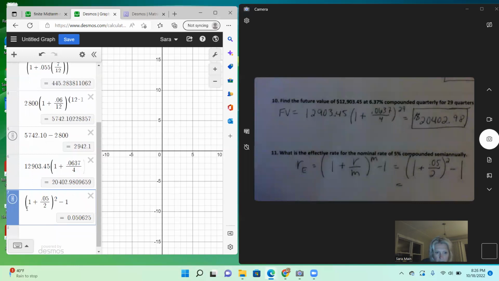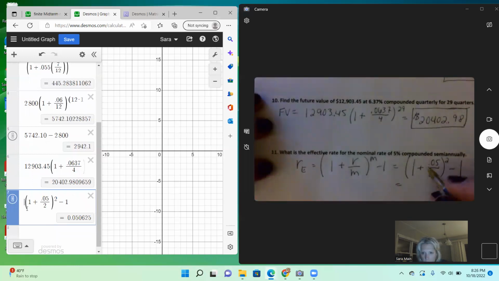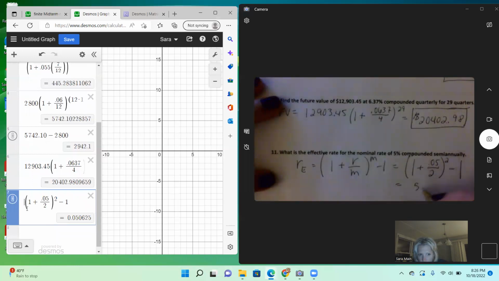An extra parenthesis there. So that would be a simple interest rate of 5.0625% is what we'd have to earn as simple interest to get the same value as a 5% compounding semi-annually.